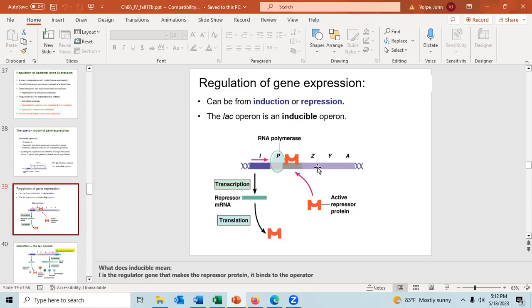Well, not necessarily. If someone's on a special diet and they don't consume the sugar lactose, they're not going to have the sugar lactose in their intestine. My question is, where do we find the sugar lactose? Meaning, what food products do we find the sugar lactose in? Dairy?